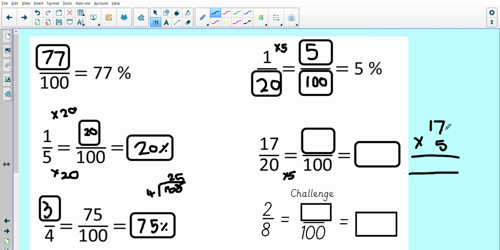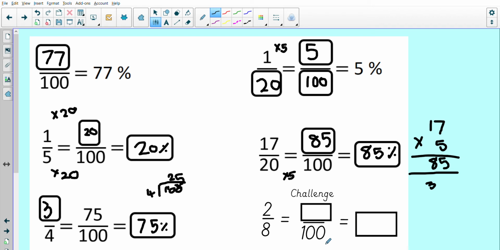So 5 times 7 is 35, and 5 times 1 is 5. Add the 3, 85. So 17 over 20 is 85 over 100, which is the same as 85%.